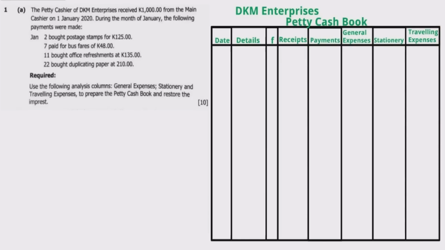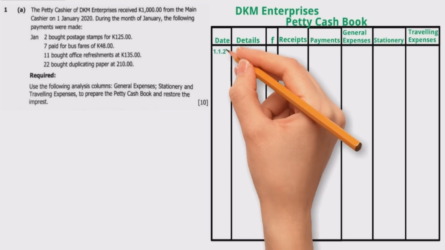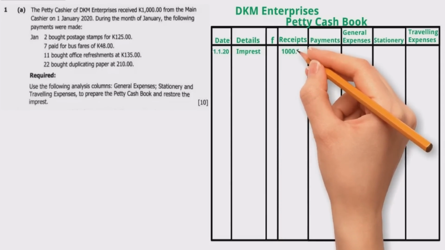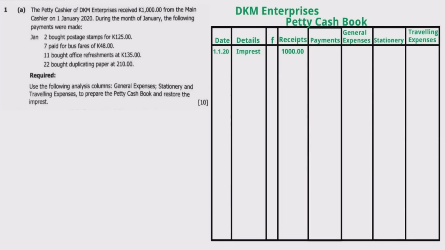First let's start with what the petty cashier received. The petty cashier received 1,000 on 1st January. So I'm going to write 1st January 2020, imprest 1,000, receipt. This is because the cashier received, so we write 1,000 under receipt.